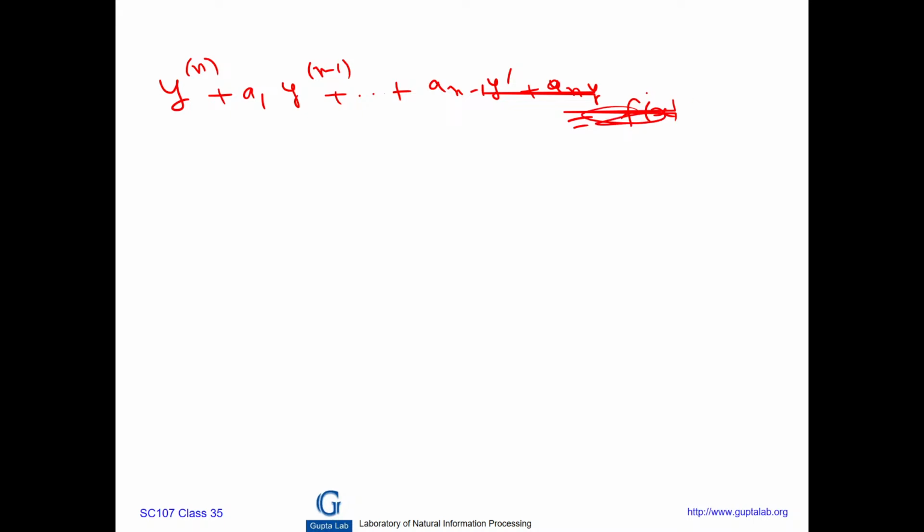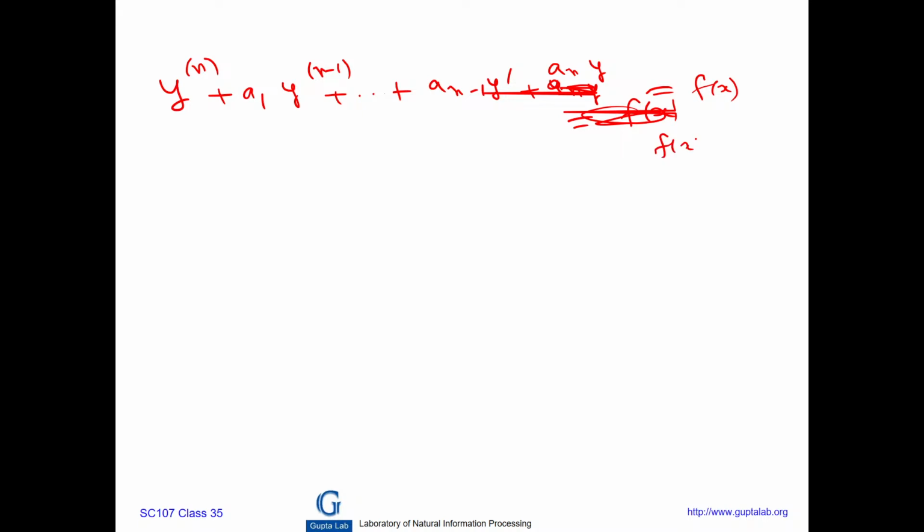So higher order differential equation, I am looking at only with constant coefficients. A n y.